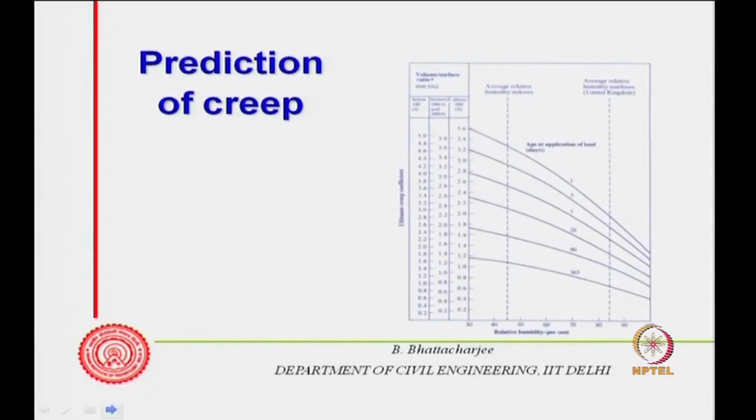Now, if you look at this diagram, you have the relative humidity percentage here, RH percentage here, then the ultimate creep coefficient is given along this direction, and this is for 3 conditions of volume to surface area ratio. So, these are 1, 2 and 3. These are 3 conditions of volume to surface area ratio in millimeter, or in brackets in inch.